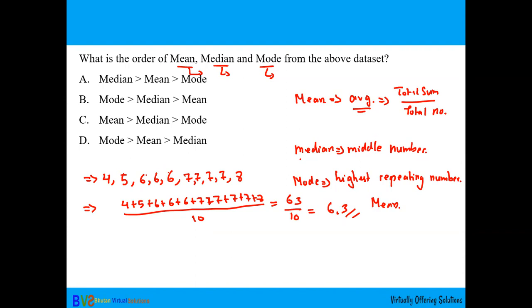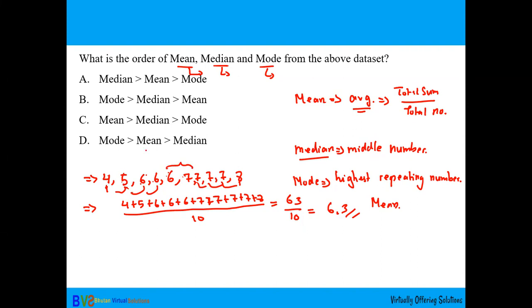All right, now let us find the median. Median is the middle number. There are 10 numbers, so which one is the middle? Here the middle falls between 6 and 7.